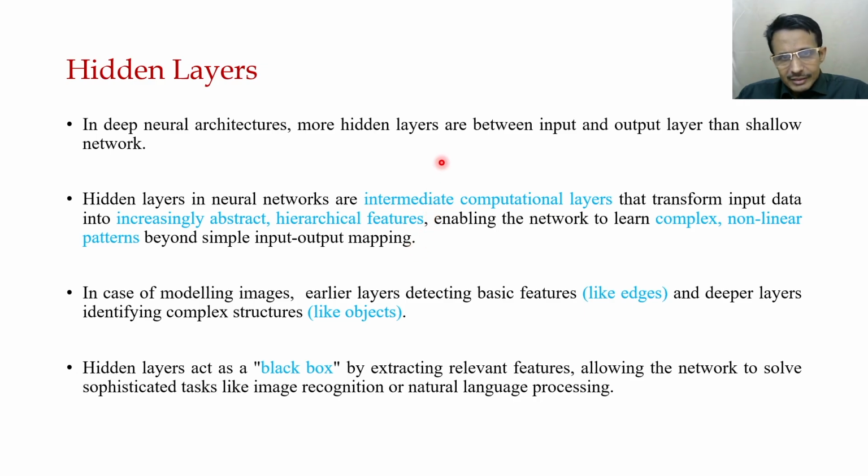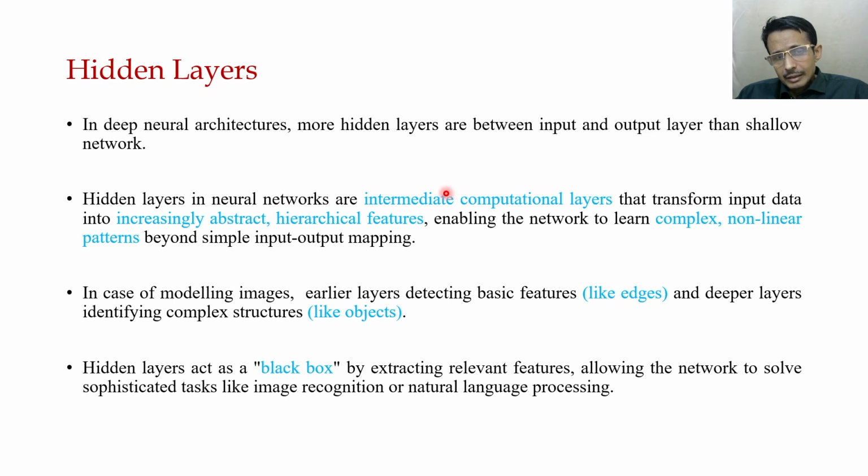If we try to visualize this for a classification problem, with a deeper structure the complexity of the decision boundary is not a straight line anymore. In a two-dimensional case, it is a complicated, very high order polynomial curve. So it has more expressive power. That is what we are trying to say.